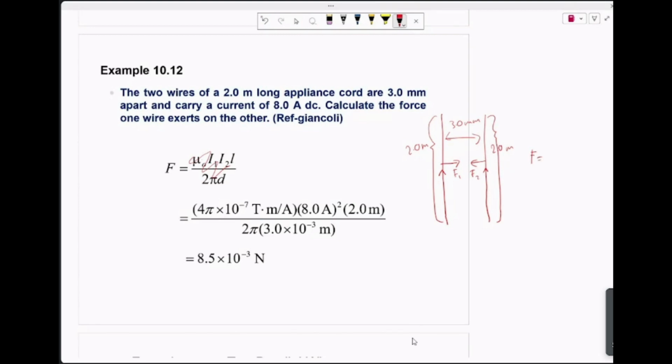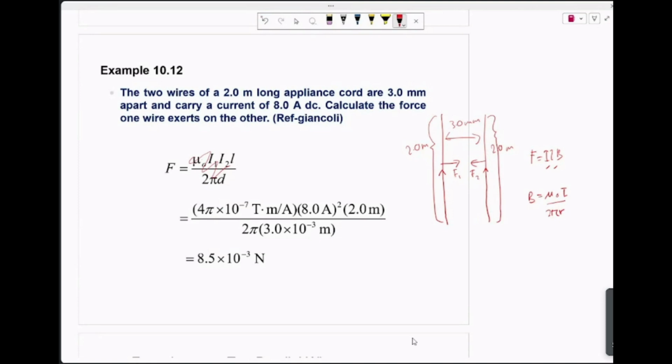F equals I L B. You have the current, you have the length. For the force you need to find the B. So B is mu naught I over 2 pi r.